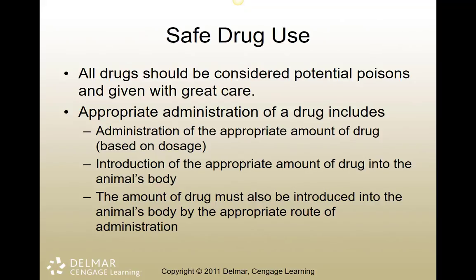And then also making sure that the drug is introduced in the animal's body the proper way, so that if you try to give something that's meant to go IV, in the vein, accidentally IM, in the muscle, you can have a problem, or something that's supposed to go in the muscle into the vein, you can also have problems with that. So those are some very important things when we're looking at drug usage and safety.